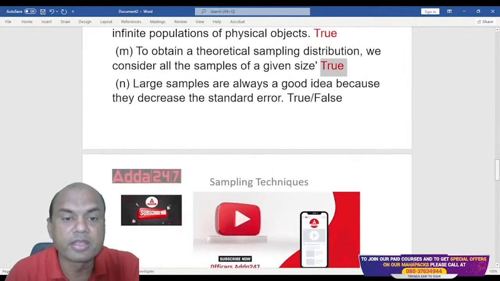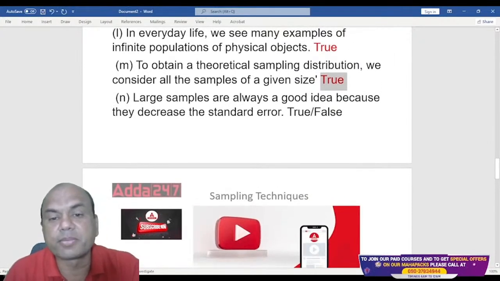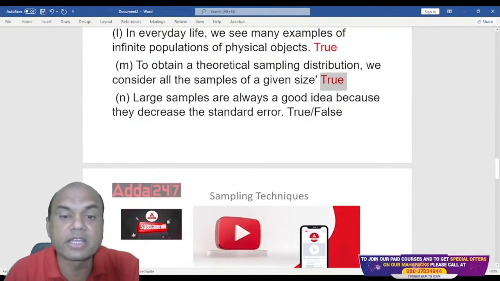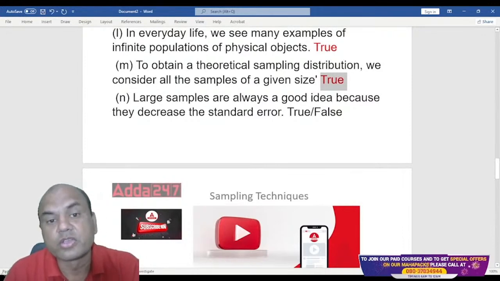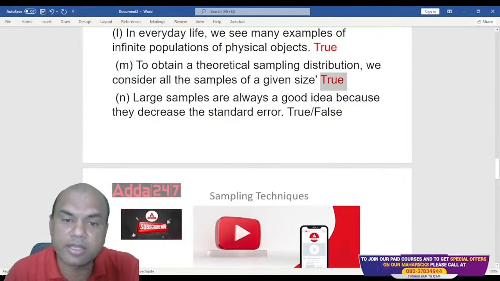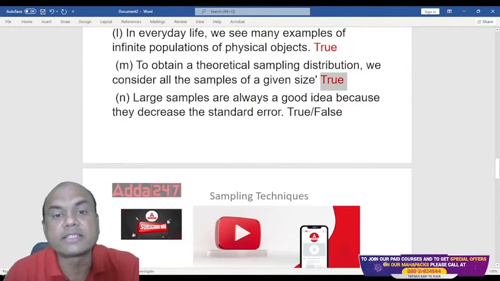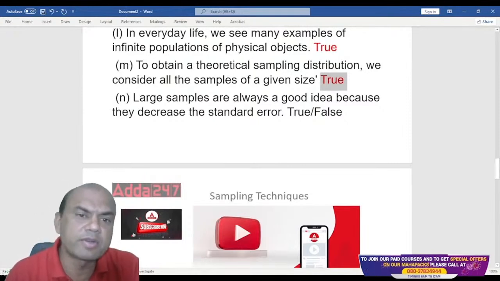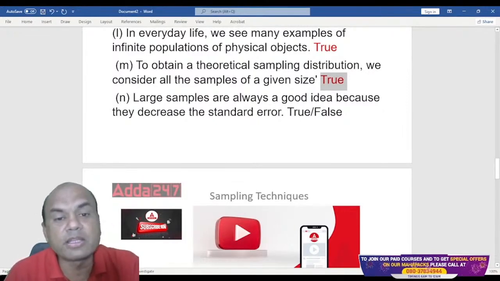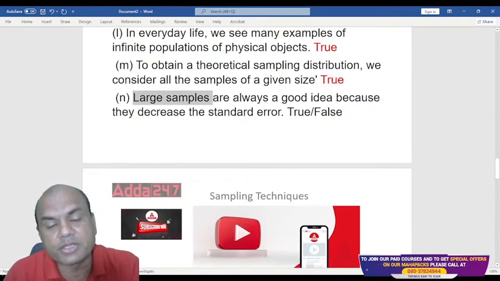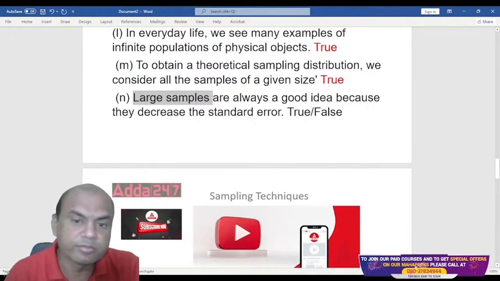Next one. Larger samples are always a good idea because they decrease the standard error. Yes, they will decrease; just now we saw it in one of the above questions. As the sample size increases, the standard error will decrease. So does it mean I must always go for larger samples?